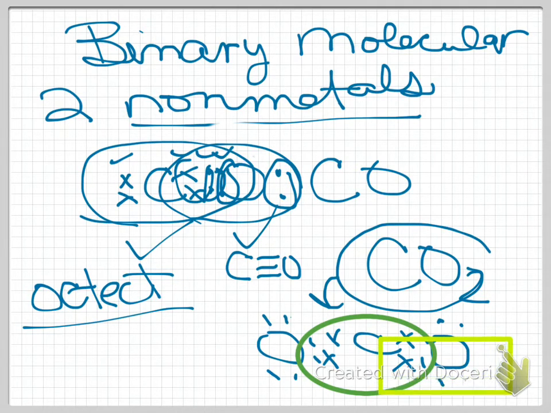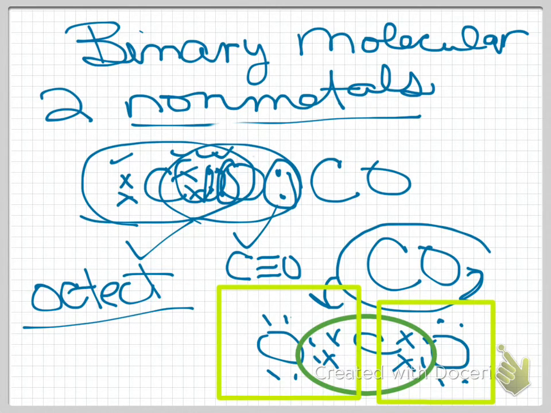Let me redo that one. I didn't draw that. This oxygen here is feeling the effects of 8, and so is this one over here. It is also feeling the effects of 8 electrons.